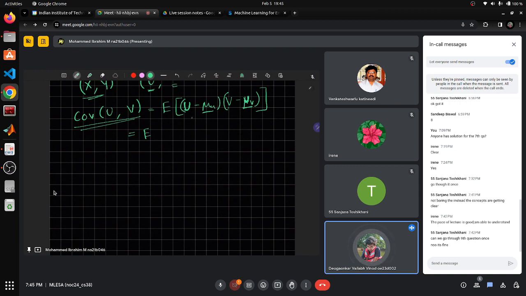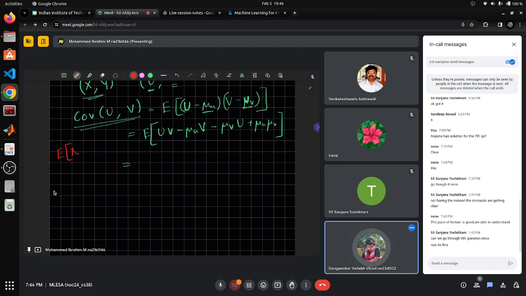And then you can multiply everything inside this bracket, and you will see uv minus mu u times v, minus mu v times u, plus mu u times mu v.